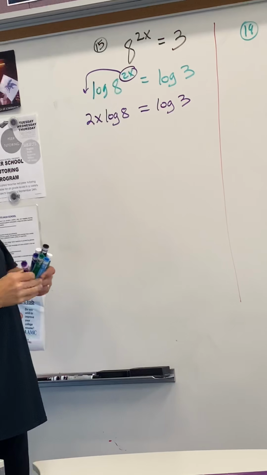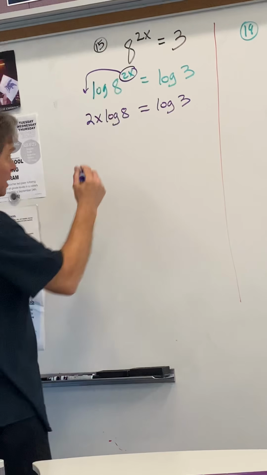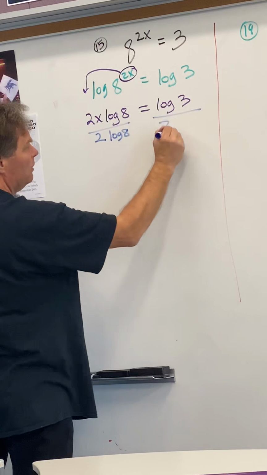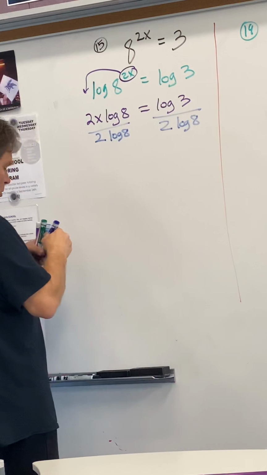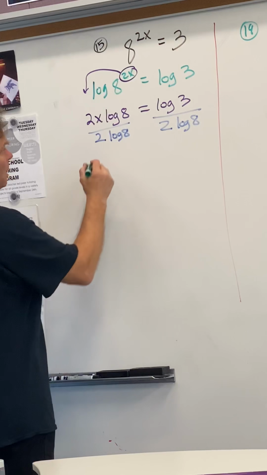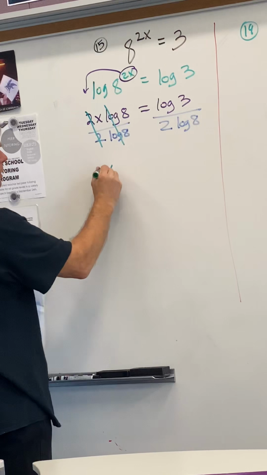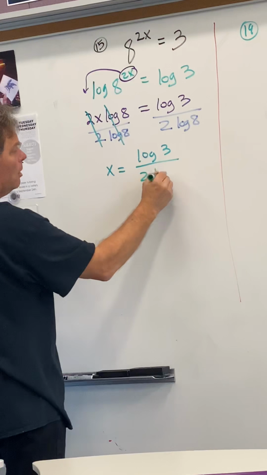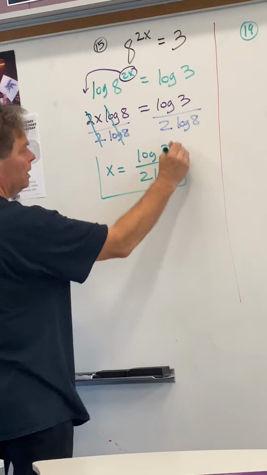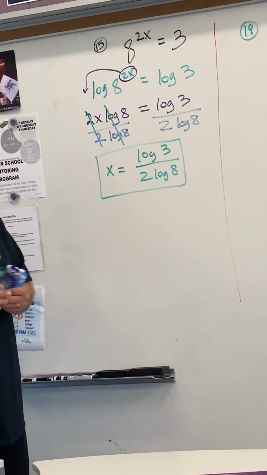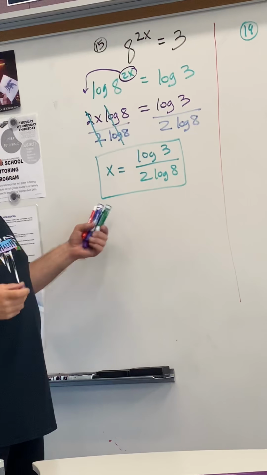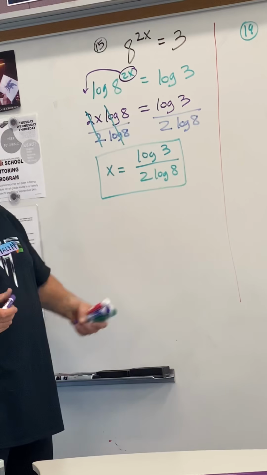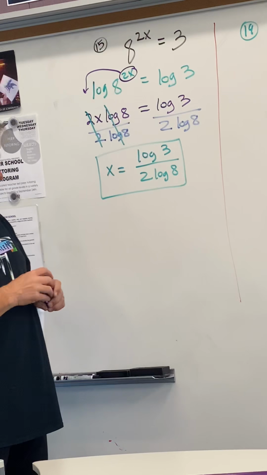Now I want x by itself, so the smart thing to do at this point is to divide by 2 and divide by log 8. Divide this side by 2 and log 8. The 2's cancel, the log 8's cancel, so I get x is log 3 over 2 log 8. There's our answer in calculation ready form. You can type it in this way to your calculator, and that would be correct if you typed it in correctly.